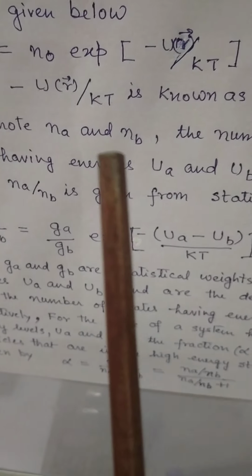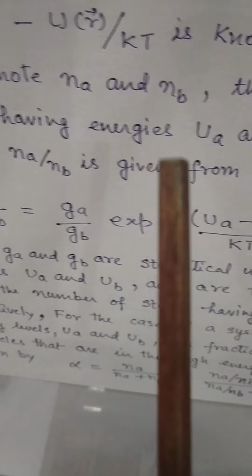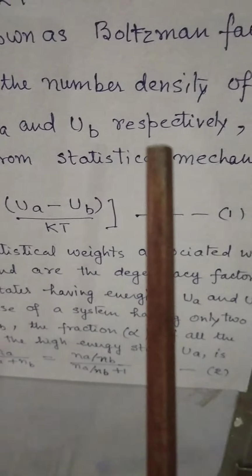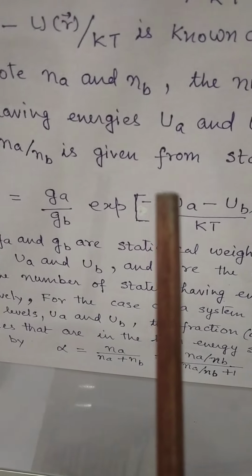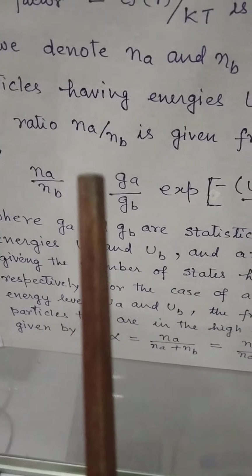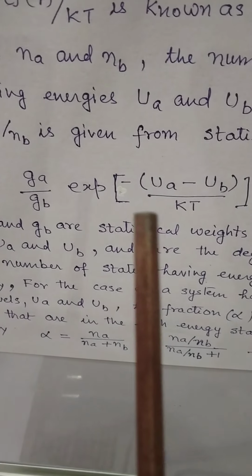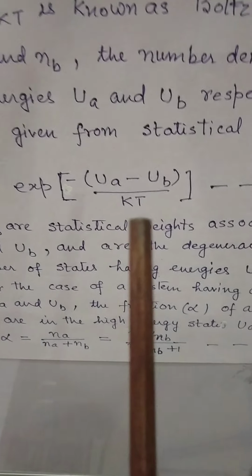If we denote Na and Nb, the number densities of particles having energies UA and UB respectively, the ratio Na upon Nb is given from statistical mechanics by Na upon Nb is equal to Ga upon Gb exponential minus (UA minus UB) upon kT.